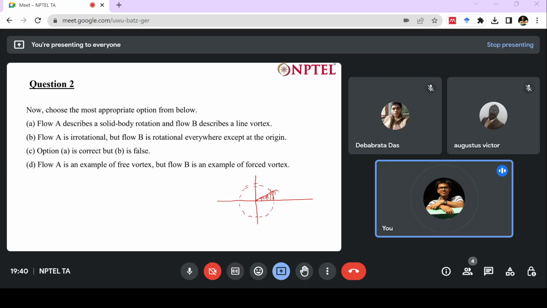So here the velocity drops off in an inverse r, 1 by r, fashion. So this will drop off to zero, with this kind of behavior. Inside this is like a vortex. Now, if this vortex is shrunk such that it becomes a point, then it will become a line vortex.